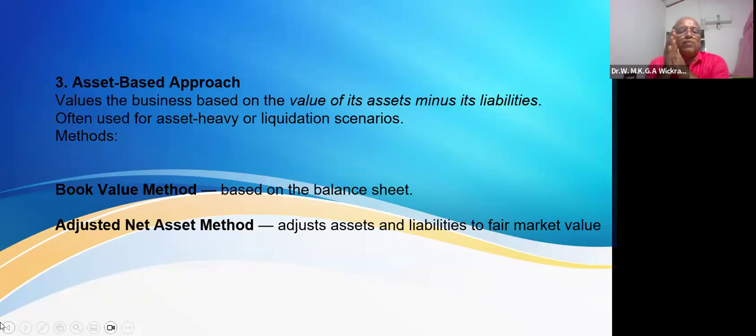So this is the asset-based approach. Now, if your company is like an IT company, you don't have big assets, isn't it? You are doing millions of business, or you are creating software for other companies, so you don't have land.